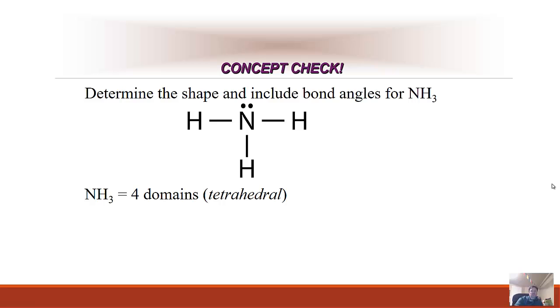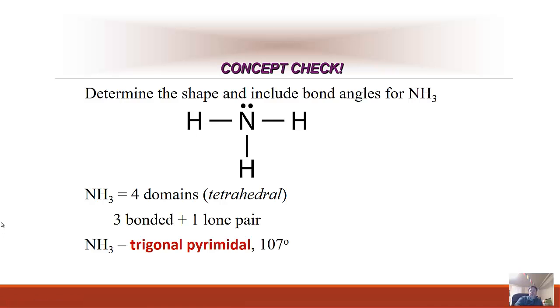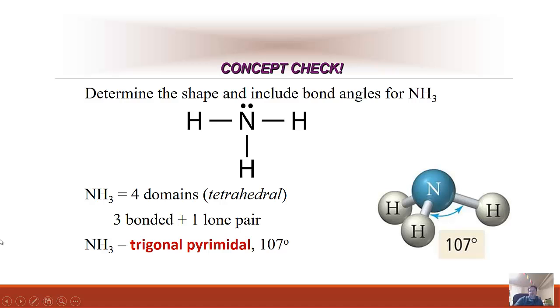It should be tetrahedral, but we don't see this lone pair, so now it comes down to 3 bonded, 1 lone pair, so trigonal pyramidal at about 107 degrees. Remember, we said normally 109 degrees, but because of the repulsion of the lone pair, it's going to decrease that as well.